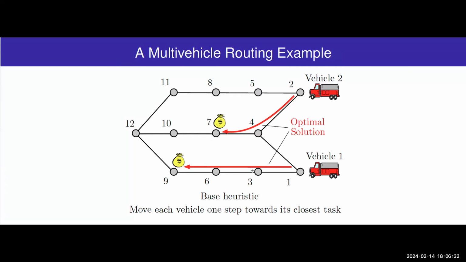Then once I committed to the control for vehicle 1, I considered the Q factors of vehicle 2 in the augmented state space. There were 2 of them again, 5 and 4. But when I considered the Q factors of vehicle 2, I already knew what vehicle 1's move was going to be. So I'm still doing a Q factor minimization, but the effect is that I'm considering a much smaller number of control possibilities.